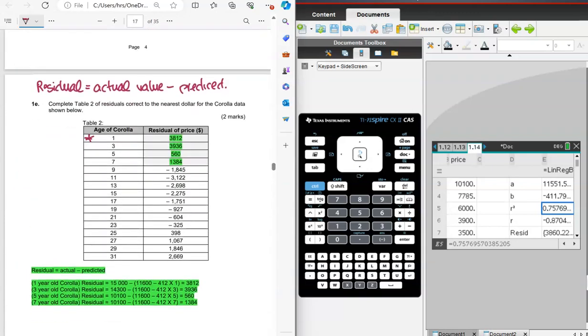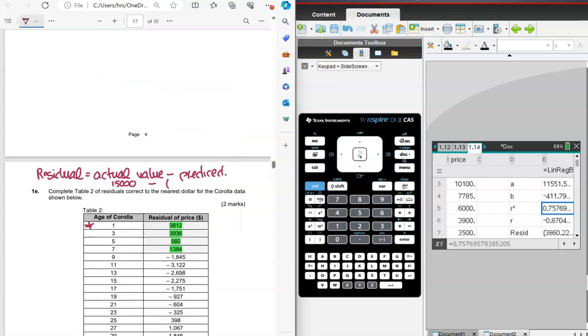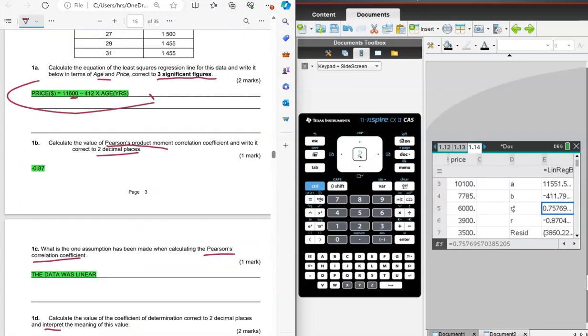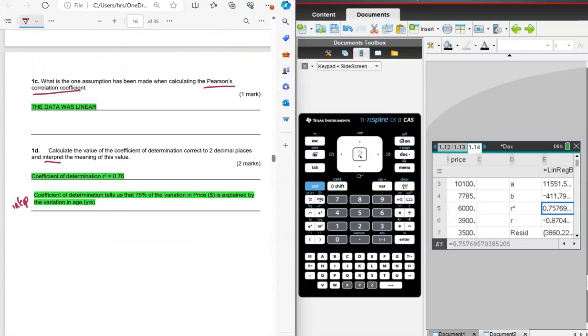So for this, I'm just doing the first year, so it would have been 1500 minus the predicted. So when you use the predicted, you use that equation that we just found, which up here, there, we're going to use the equation to find the predicted.